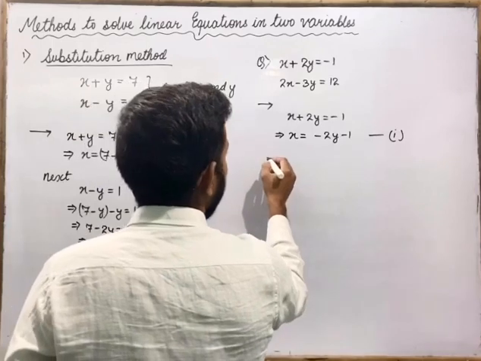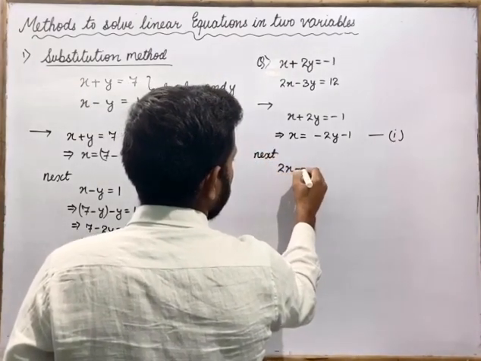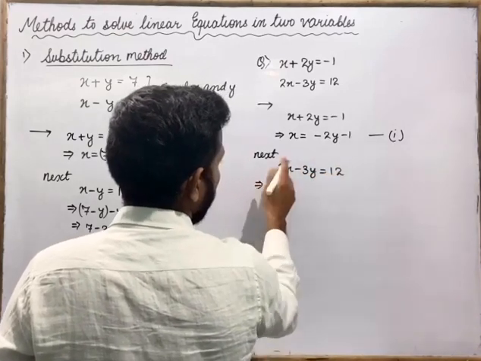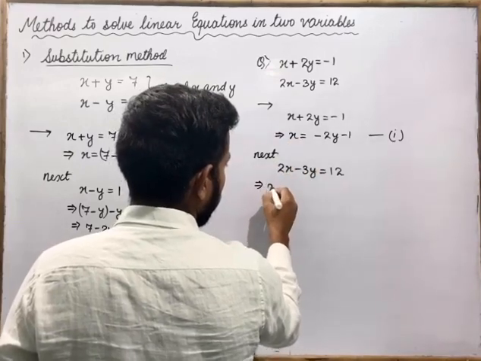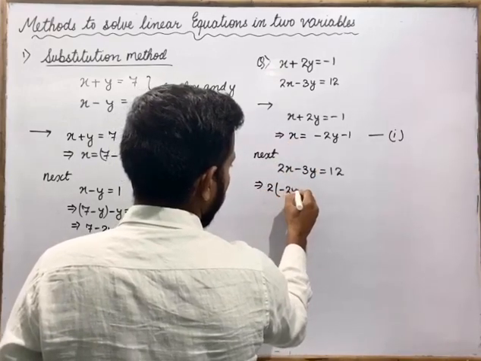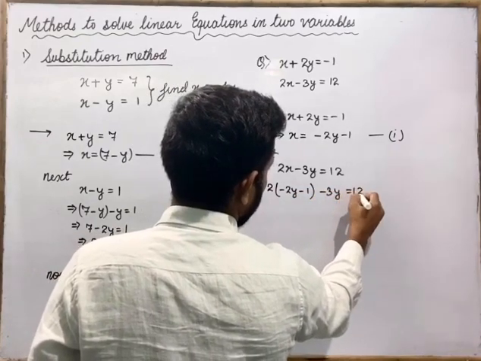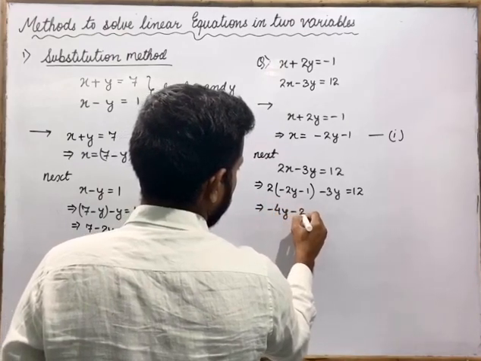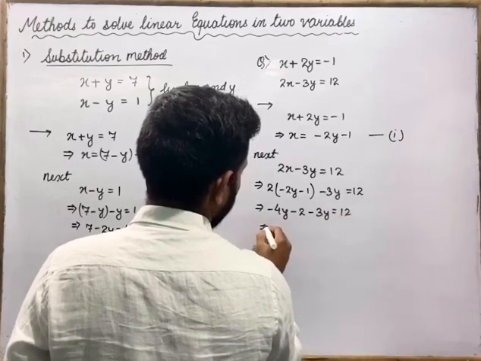Now 2x minus 3y equals 12. Put the value of x from the first equation in the second equation. So 2 times (minus 2y minus 1) minus 3y equals 12. So it is minus 4y minus 2 minus 3y equals 12.